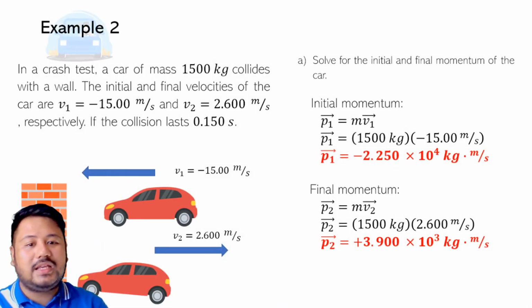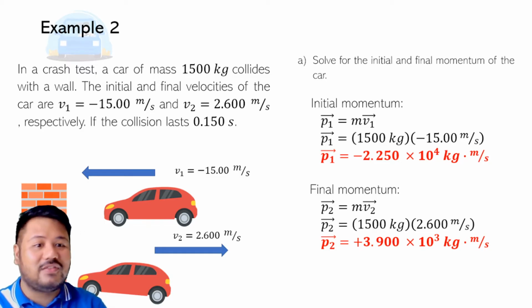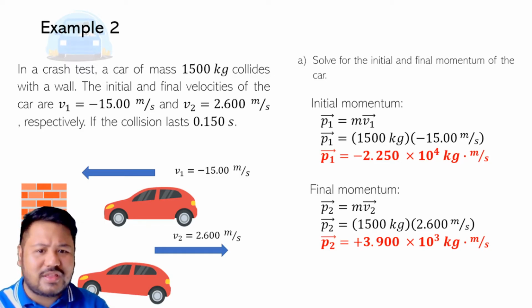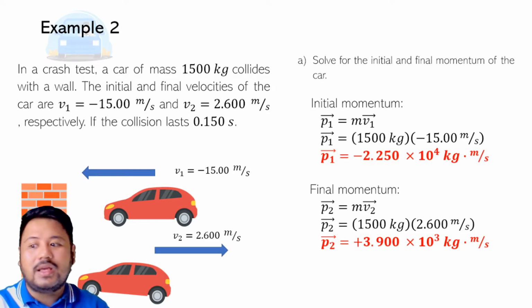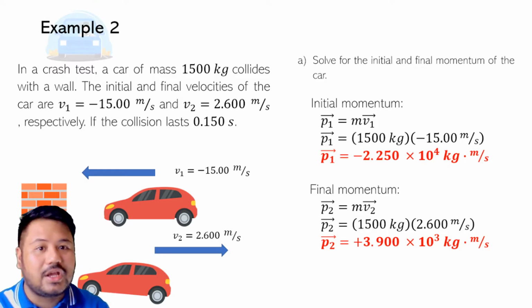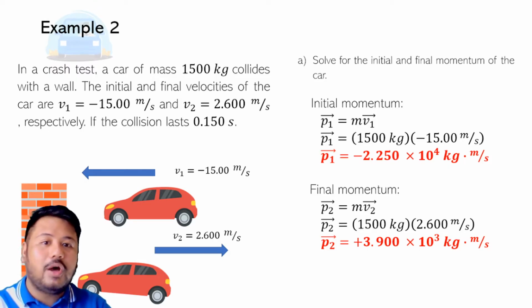Since we are already given the mass and the initial and final velocity, we can directly substitute these quantities to our formula for the momentum. We now have the initial momentum equal to negative 2.250 times 10 raised to 4 kilogram meters per second, and the final momentum of positive 3.900 times 10 raised to 3 kilogram meters per second.